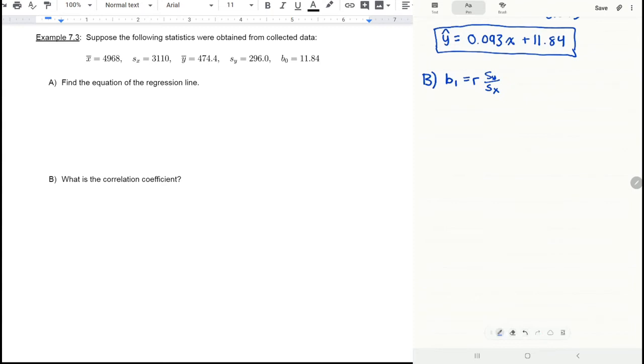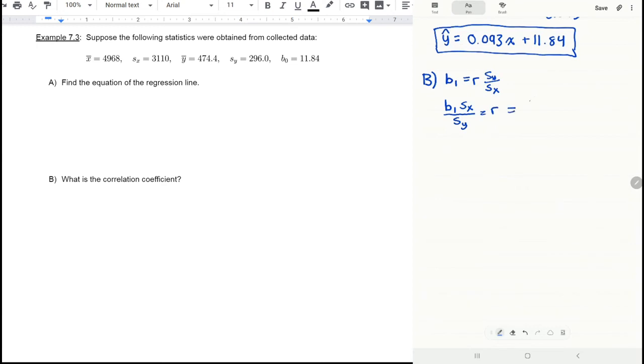Then we can rearrange and solve for the correlation coefficient. If we multiply both sides by the standard deviation of x, and then divide by the standard deviation of y, then we get r.